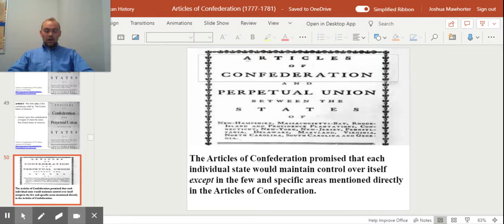Now, how did the states know? What was the guarantee to them? And how did even the Congress of the Articles of Confederation know what the responsibilities were? How did they know what powers were given to them by the states and what powers were not granted to them by the states?